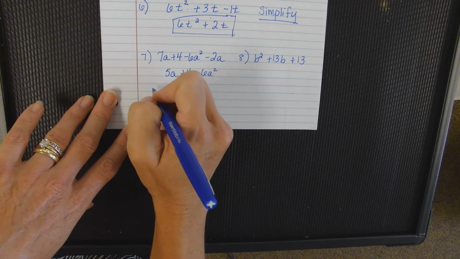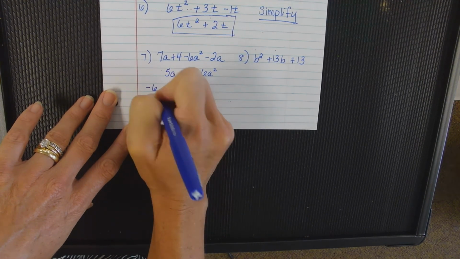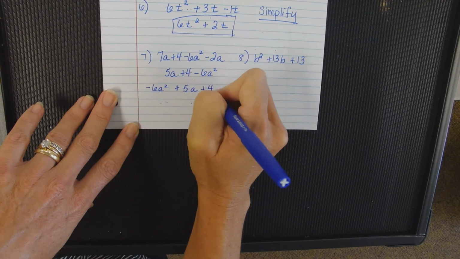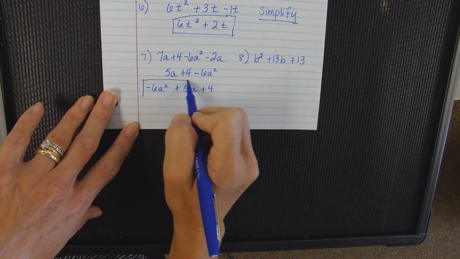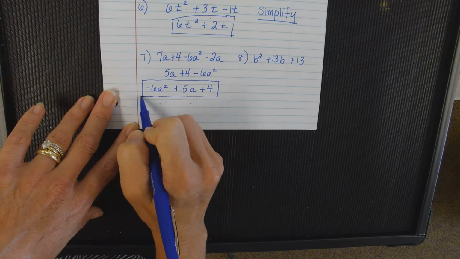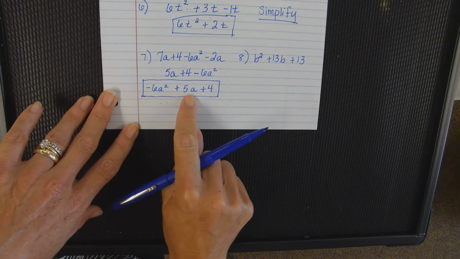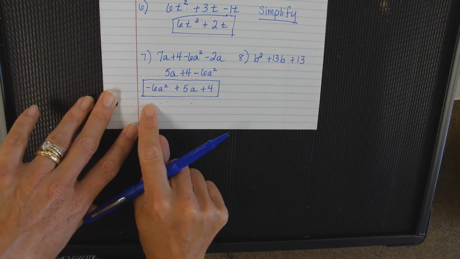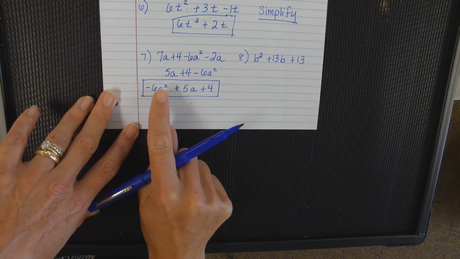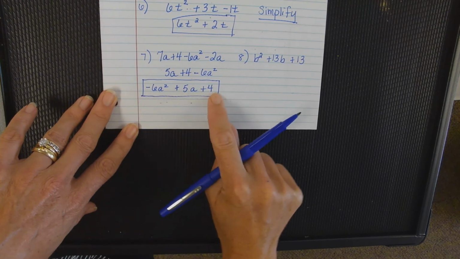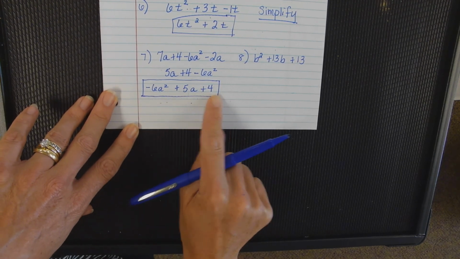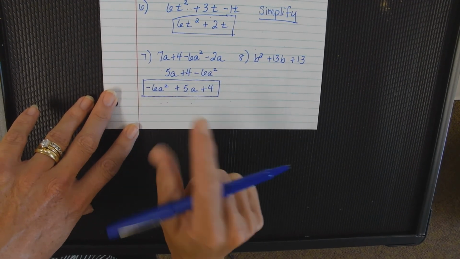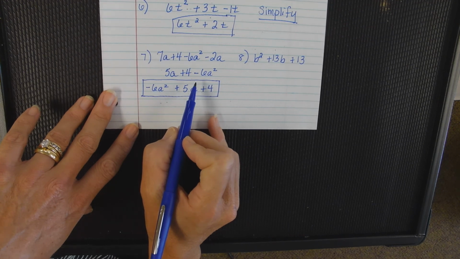Normally it's written like that, where you have terms with exponents going in decreasing order. So you have a squared, then you have a, and then you have your number value. Who got this right there? You don't have to have it in the order. Okay. Watch your signs.